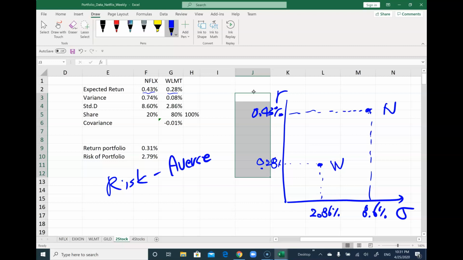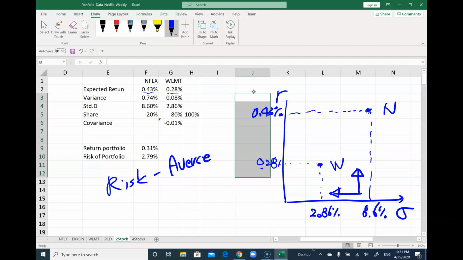That means that given the risk, they want to maximize the return, and given the return, they want to minimize the risk. Given the value of the y-axis variable, they want to minimize the risk. And also, given the value of the x-axis variable, they want to maximize the return.